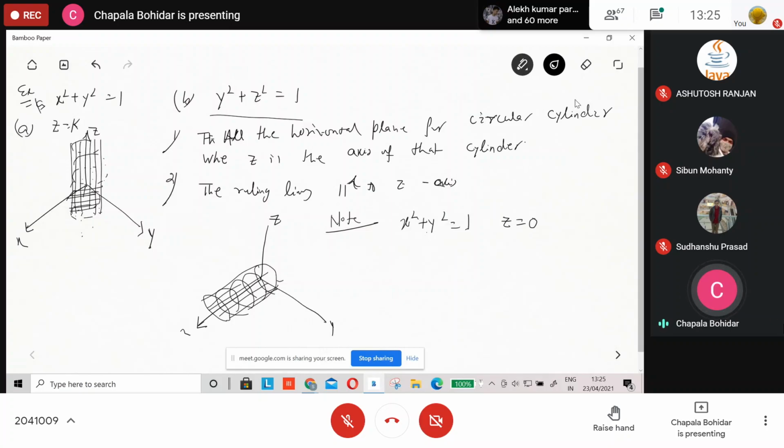The trace of the cylinder x square plus y square is equal to 1 is in the xy plane, and it is a circle with equation x square plus y square is equal to 1, z is equal to 0.